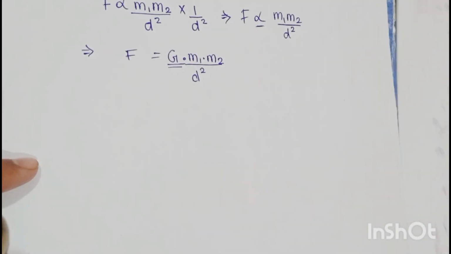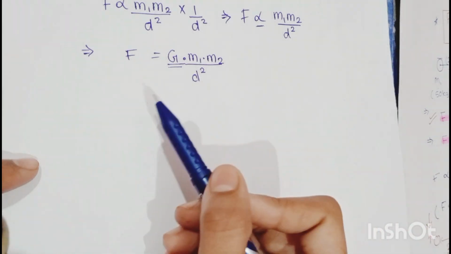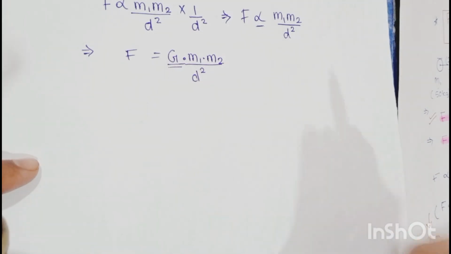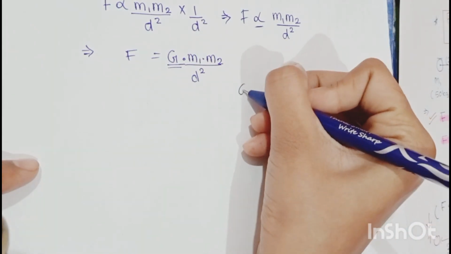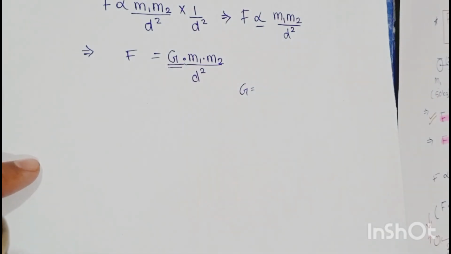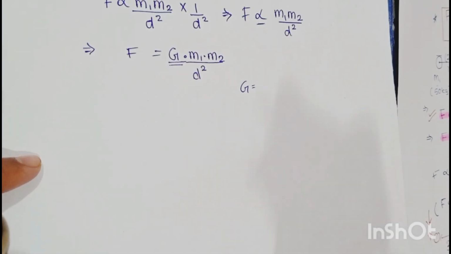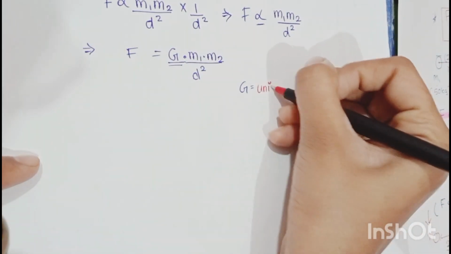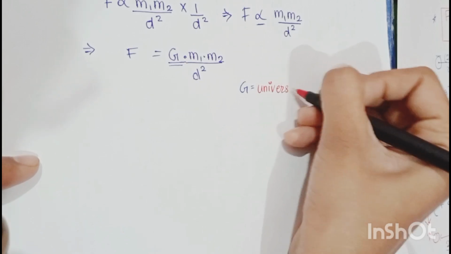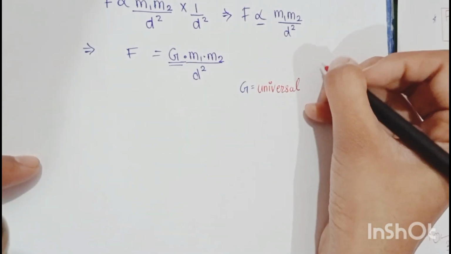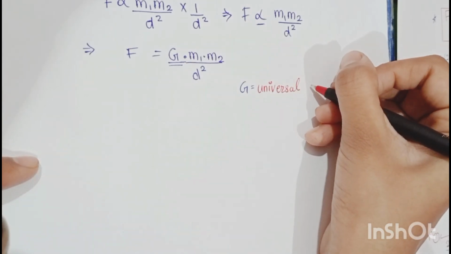Now I will tell you the value of G. See, what is G? G is nothing but the universal constant.